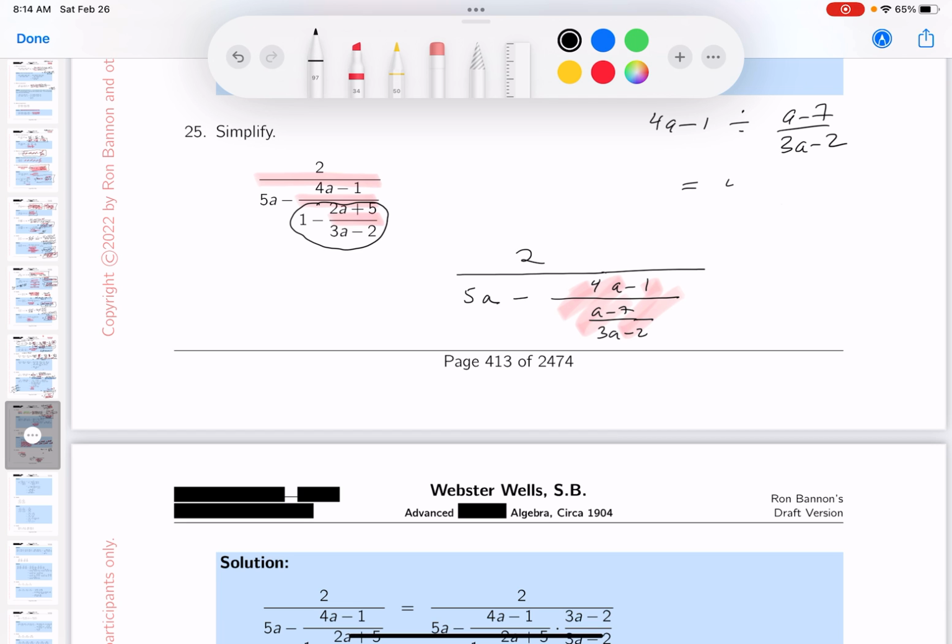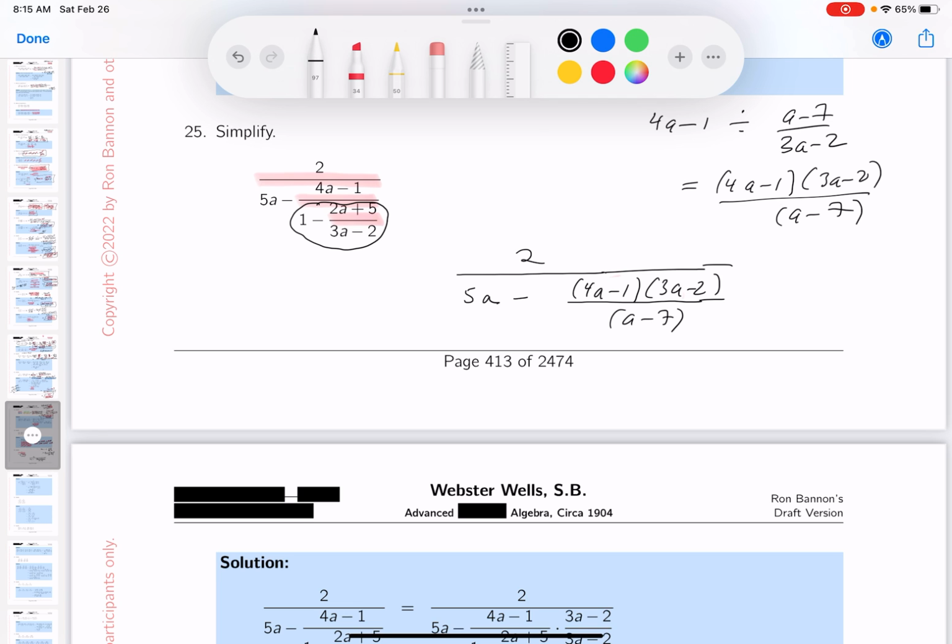What would I get? 4a minus 1 times 3a minus 2 over a minus 7. I can put that in parentheses. I'm going to write that down. And you get (4a minus 1)(3a minus 2), all over a minus 7.